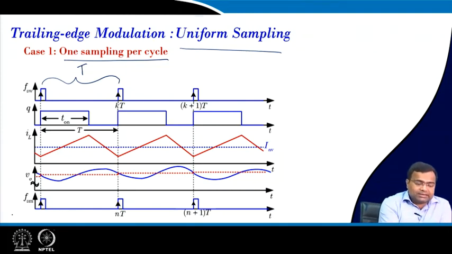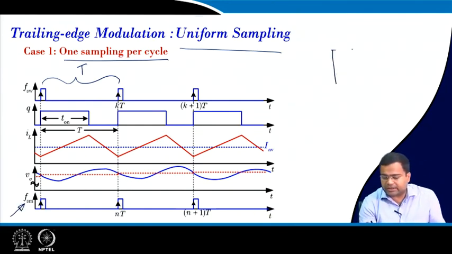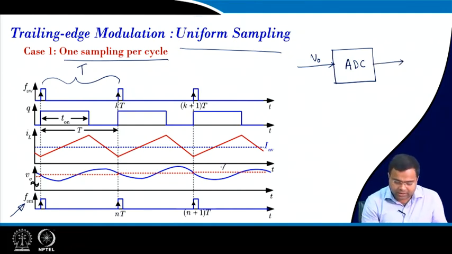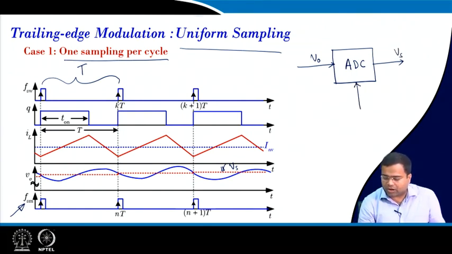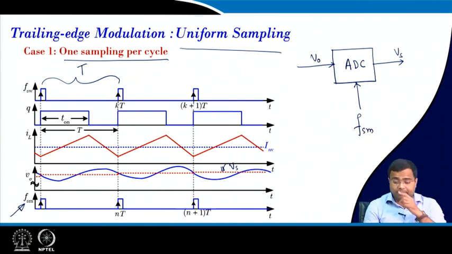You can see this is the sampling clock. If we consider an ADC, this is my analog output voltage, and this red dotted one is the sampled voltage. This ADC requires a clock, which is my sampling clock.